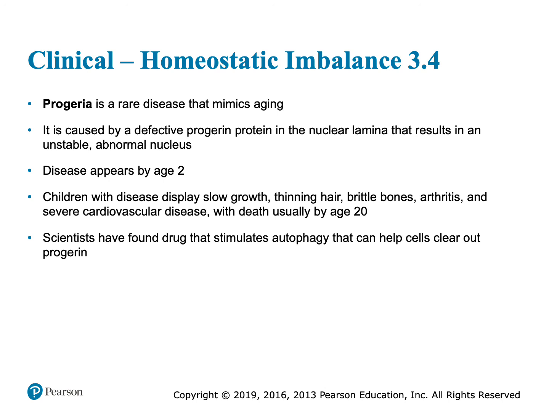And if you have something go wrong with protein synthesis, that you don't have a normal progerin protein, you end up with this disease. That's how it gets its name, progeria. It's evident in a small child, and these people are usually deceased by age 20.